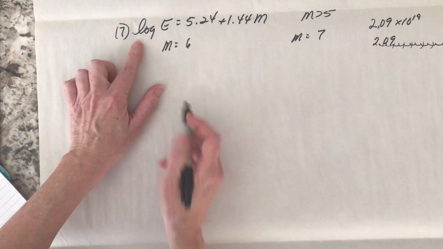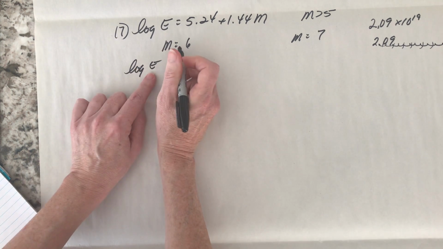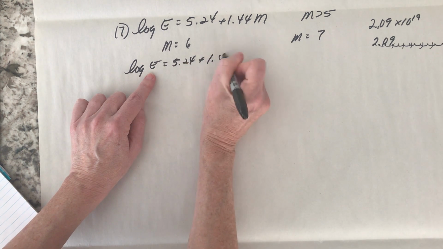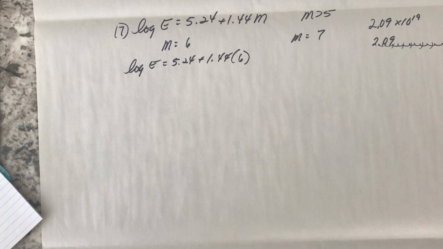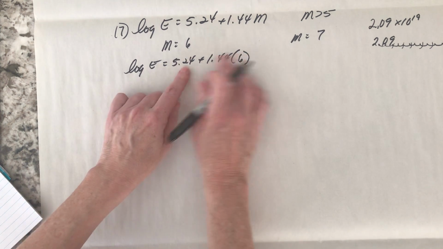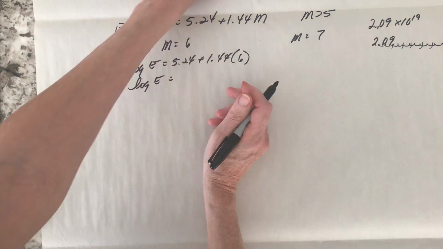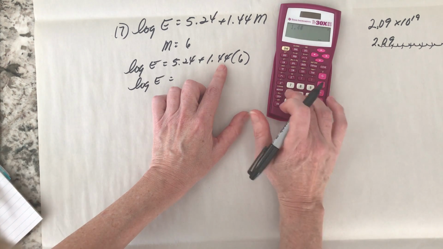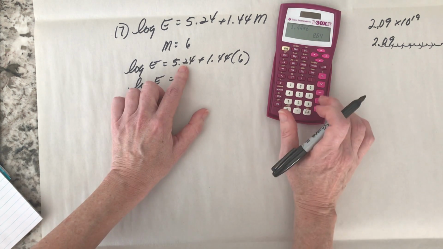Okay, let's see what we've got. Log of E, meaning the number of joules that we can get out of this, equals 5.24 plus 1.44 times our magnitude 6 earthquake. So let's do the math over here. Common log of E equals, let's do 1.44 times 6, and then add in 5.24.